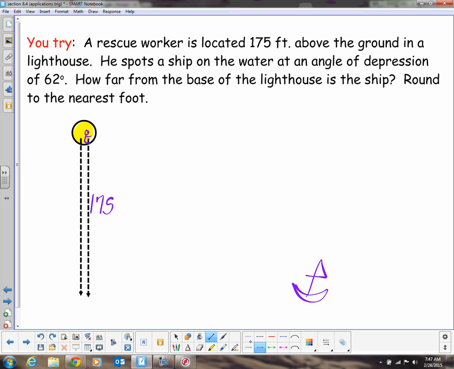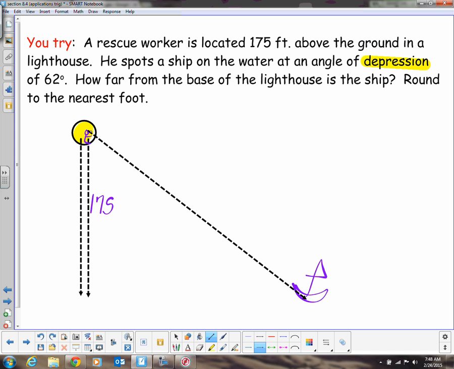Where is his line of sight? From his eye to the boat. Now, what kind of angle was it? Depression. Angles of elevation and depression are always based on the what? Horizontal. And what is this? Vertical.